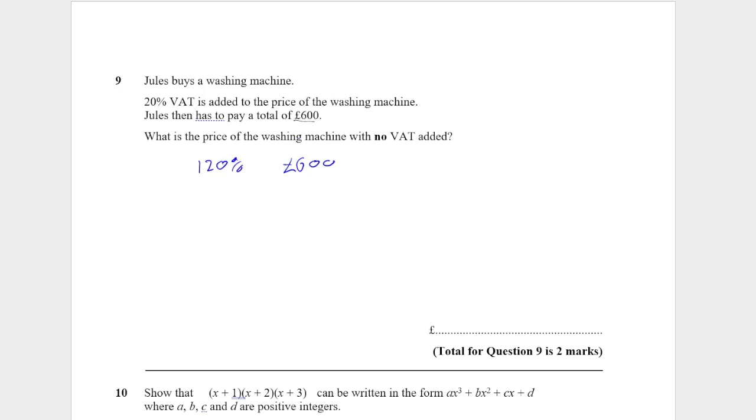So I then need to build that back up to 100%. So realistically, if I divide it by 6, I would get 20%. So 20% is £100, and then times that by 5. So 100% would be £500. So the original price was £500.